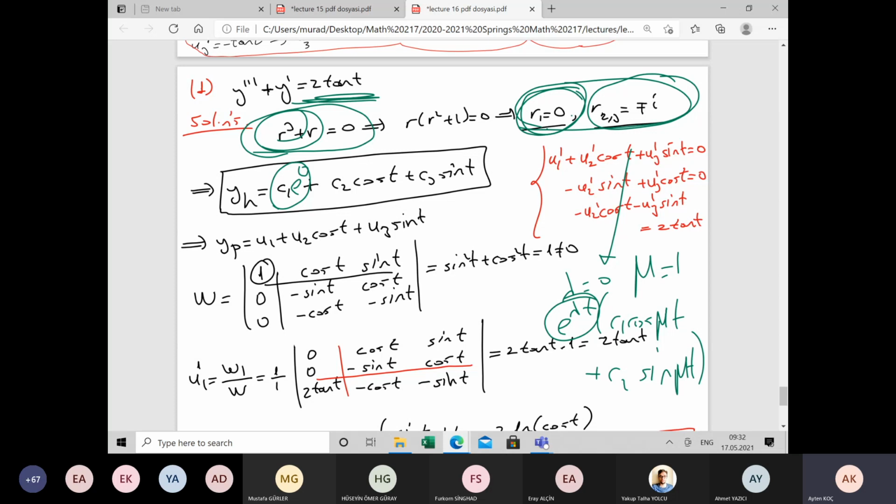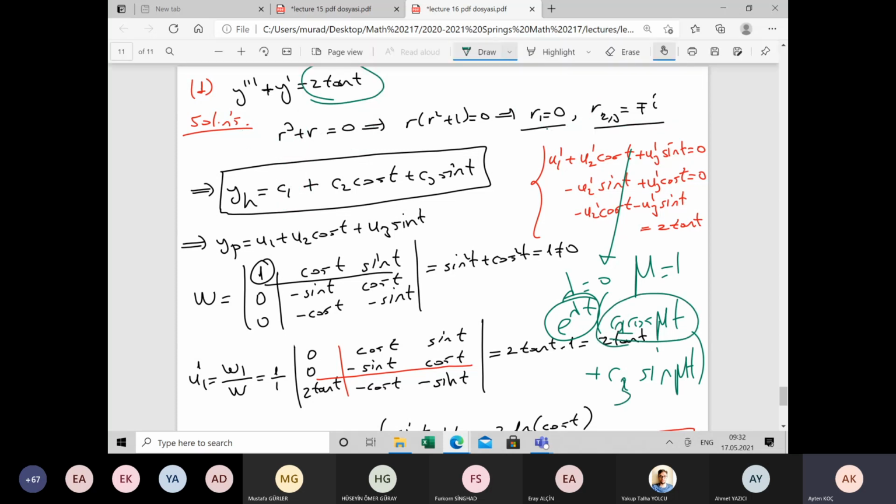So for the particular solution, you have to use the variation of parameters because the right-hand side is not a polynomial function, not sine plus cosine, not an exponential function. So it should be c1 u1, c2 u2, c3 u3.